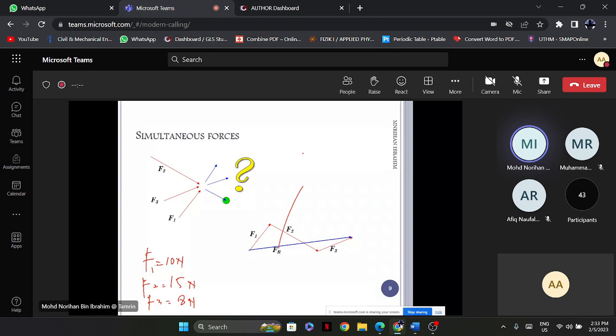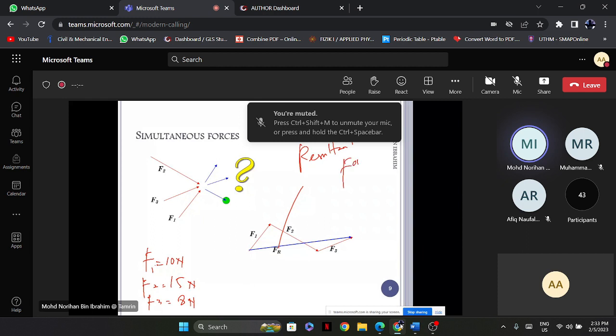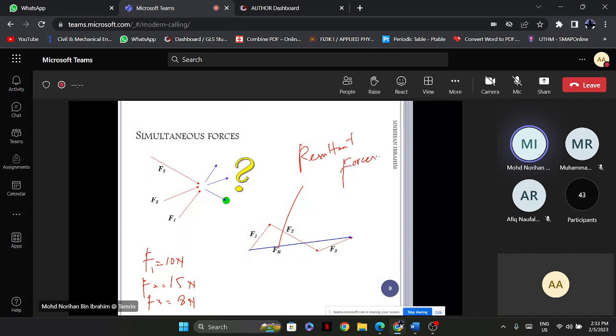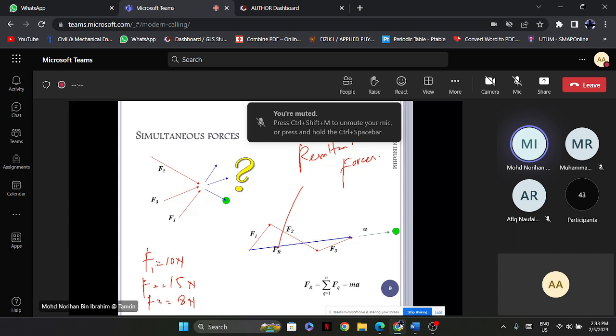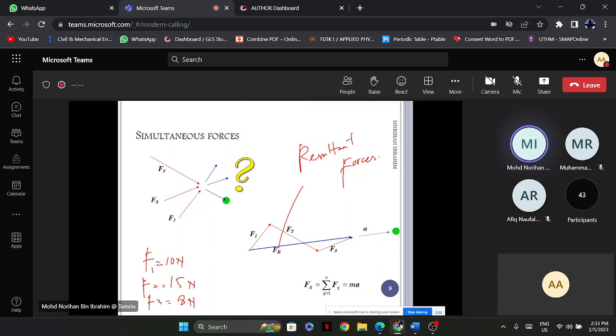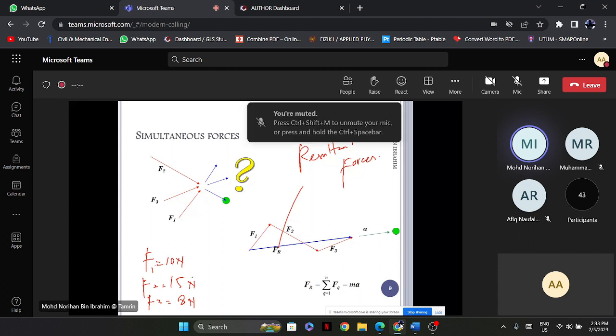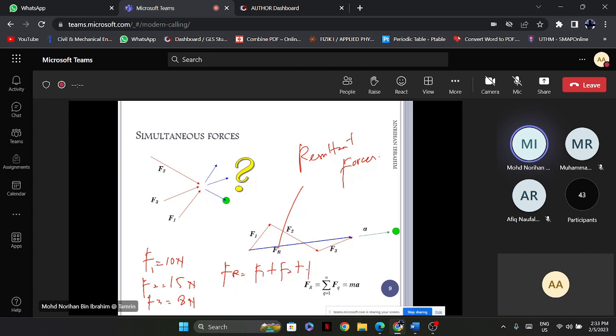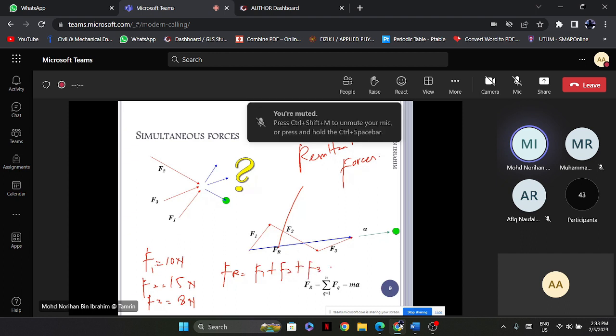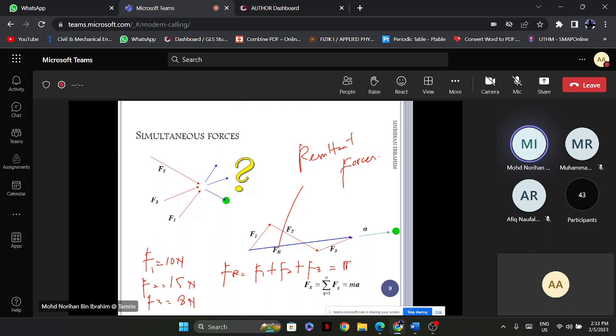So F_R is equal to the sum of F, so this F_R is equal to F1 plus F2 plus F3, which is equal to ma.